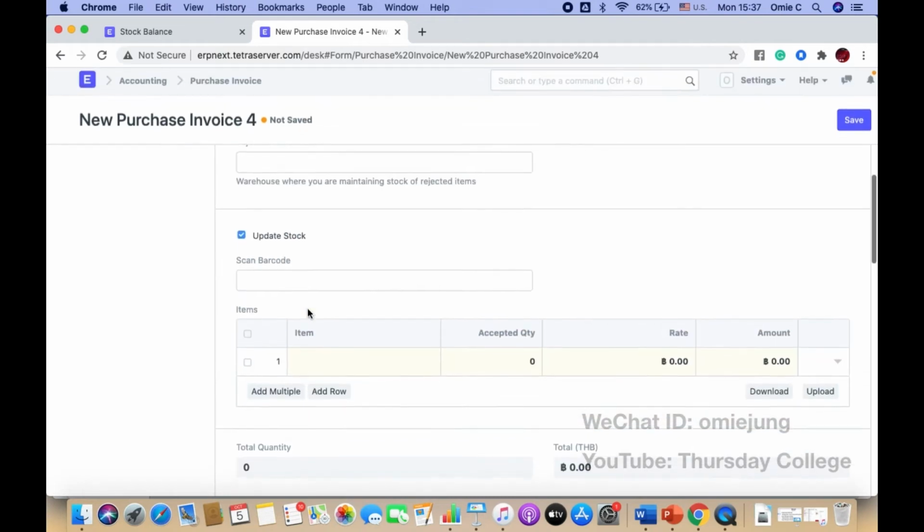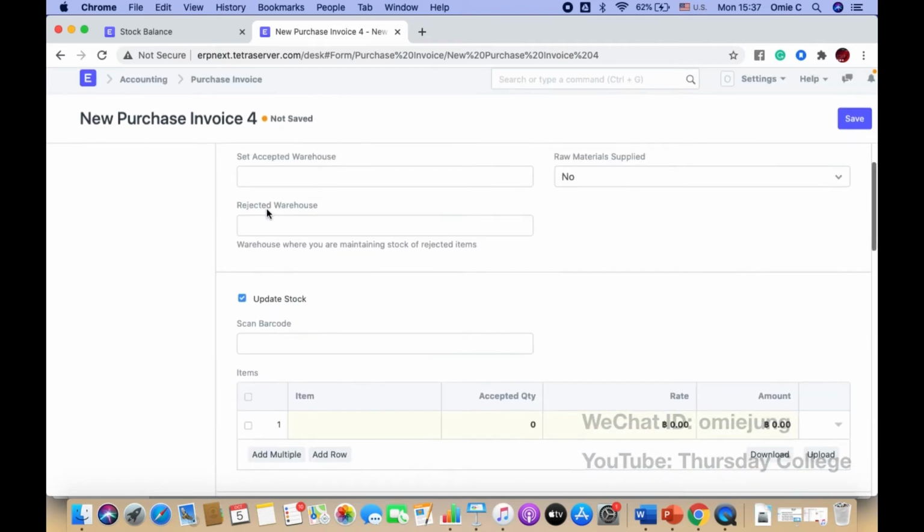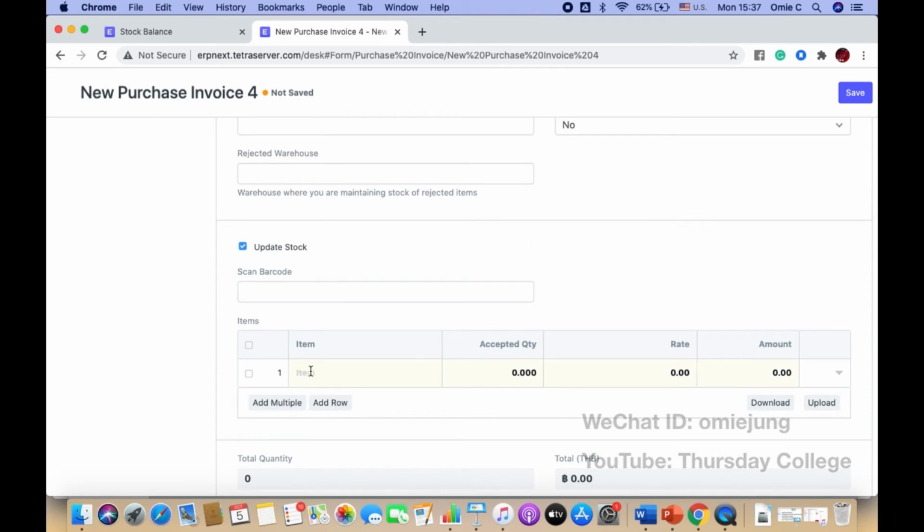Okay, so come back to our stuff. We nearly return it, right? So we need to make sure you check Update Stock and check Is Return. So the Mini Cooper here is for 10 units. What I want to tell you is that you don't need to use the rate that you used in the purchase or the rate in the past. You can make an agreement and return at any rate.